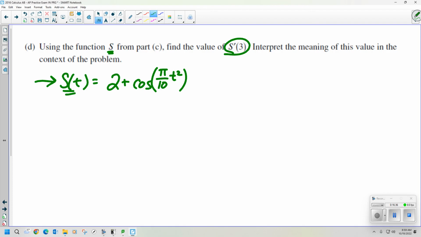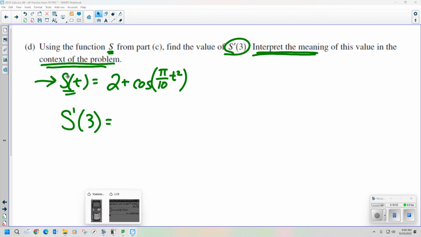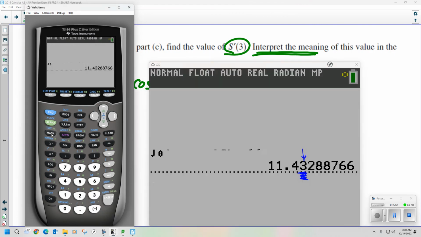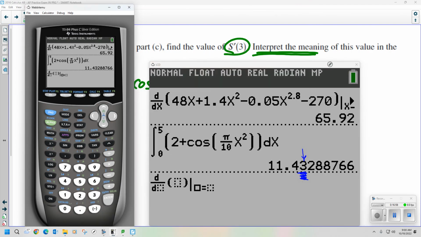I mean, we could use a calculator. I've got to find the derivative at 3. Interpret the meaning of this value in the context of the problem. Interpret. I better write something down after I get a value. So let's go here, boom, and let's go math 8 this time.